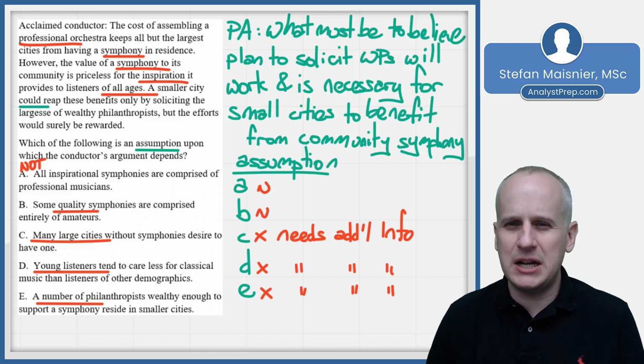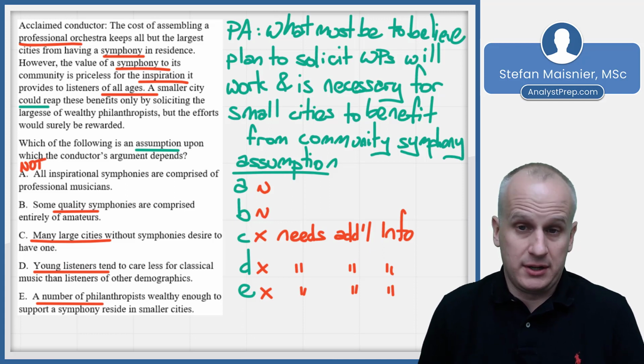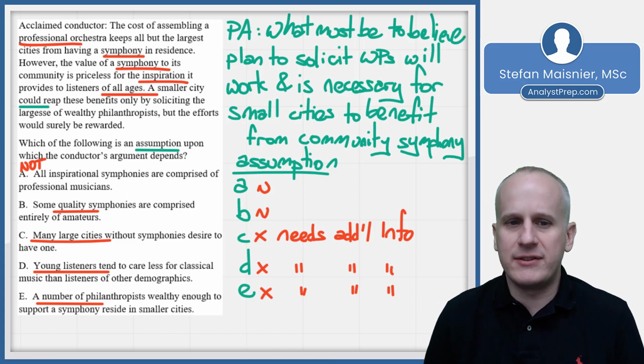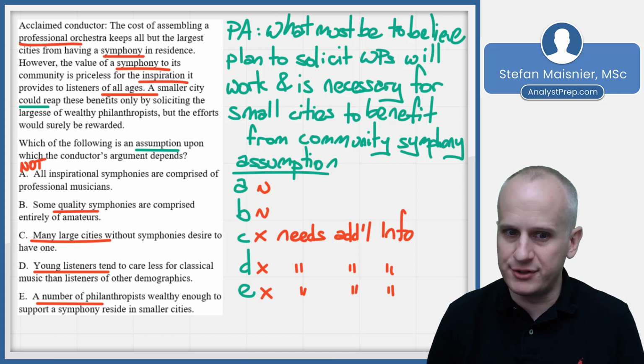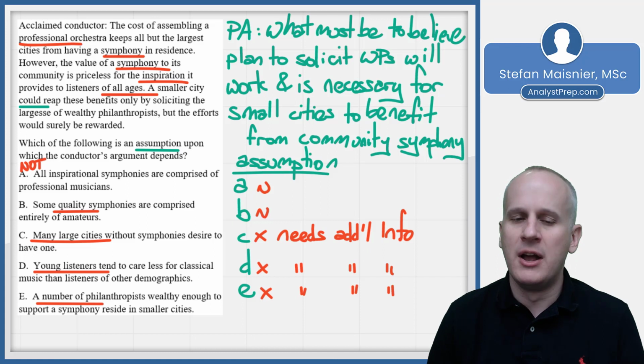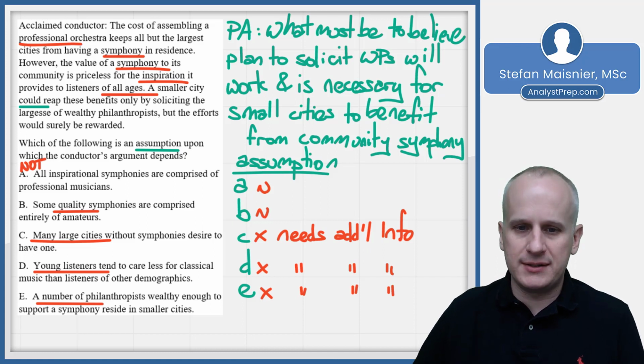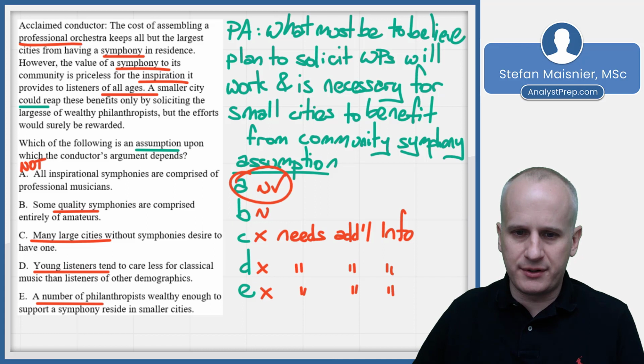Well, the conductor's argument is actually predicated on the idea that the cost of a professional orchestra is what's keeping all but the largest cities, so anything that's not a large city, i.e., small cities, can't have a symphony in residence. But if choice A is true, then we could have non-professional symphonies. And if we have non-professional symphonies, they might be able to give the priceless inspiration, because not all inspirational symphonies are comprised of professional musicians, without the plan. So this is going to be what is called a negated fail.